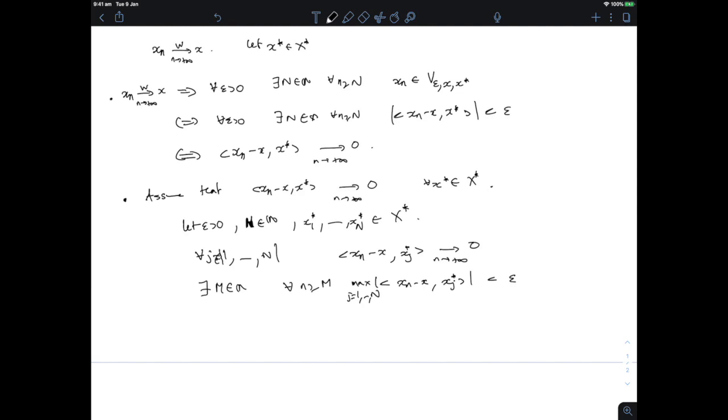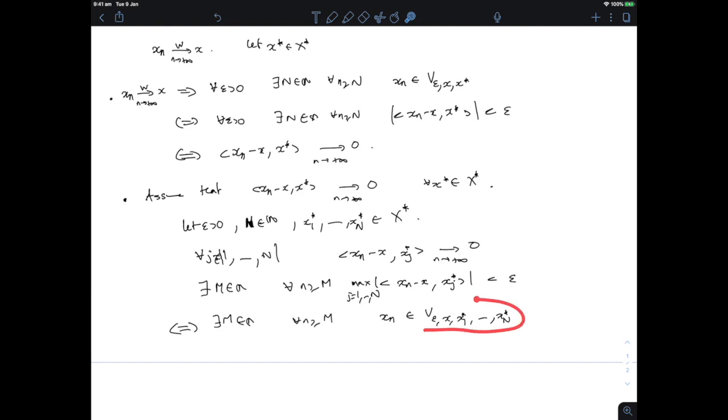And then what is that telling me? Well, it's exactly telling me that there exists a capital M such that for all n greater than M, x_n belongs to V_epsilon(x, x_1*, ..., x_N*). And that choice of neighborhood was arbitrary, so right, I had fixed that at the beginning.